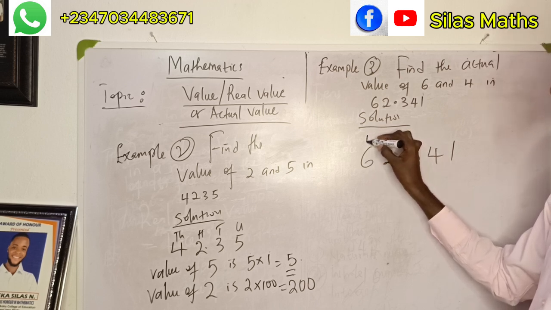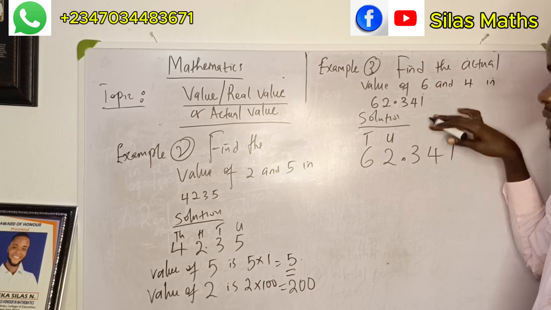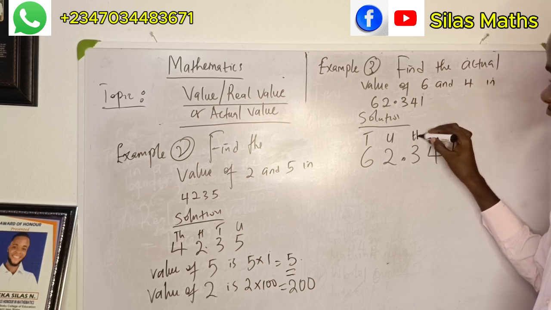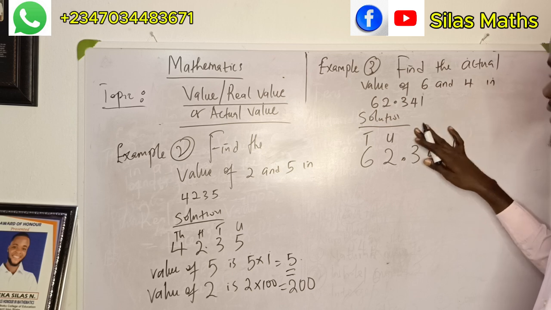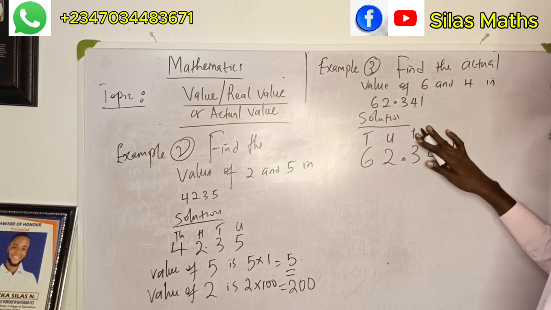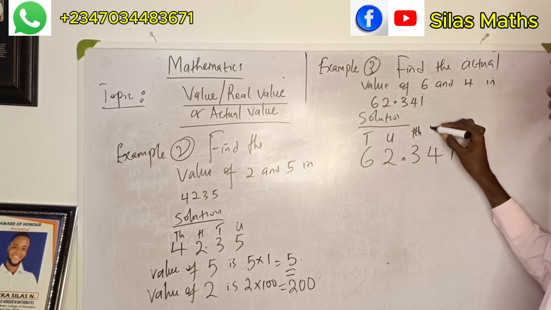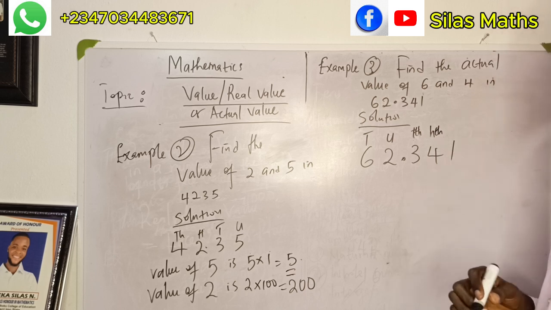while this one is what? Tens. So this one immediately after the decimal point is what? Is tenths. That is T H. All right, double small letter T and H. Why this is hundredths. All right, H then TH.